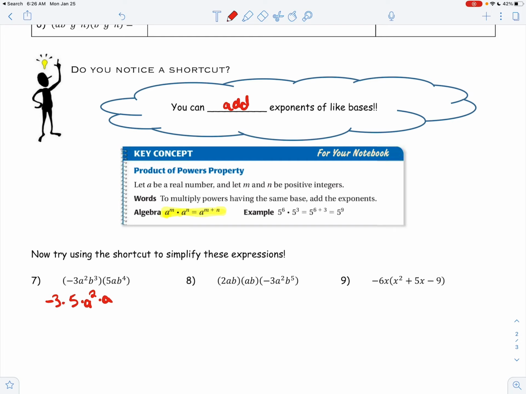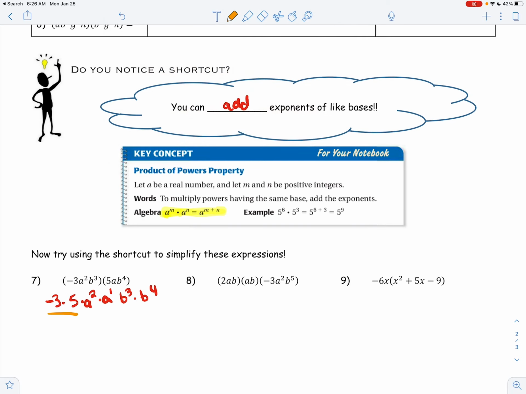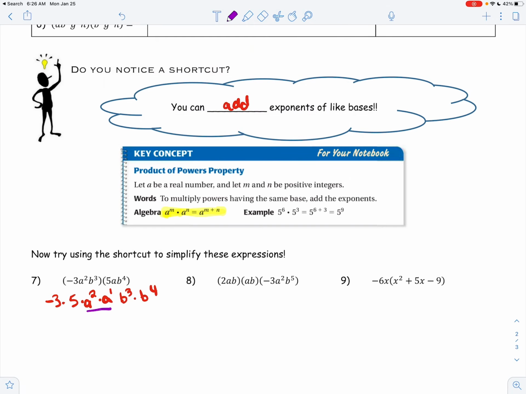And then we're going to say a squared times a. Remember, that's just to the 1. And then b cubed times b to the 4th. So we just put all the like bases together.